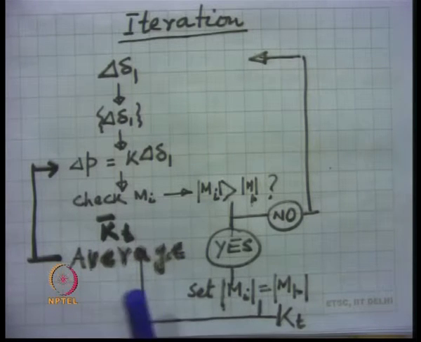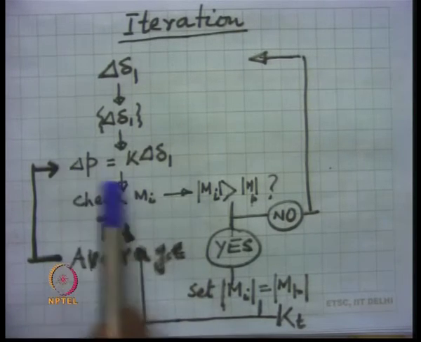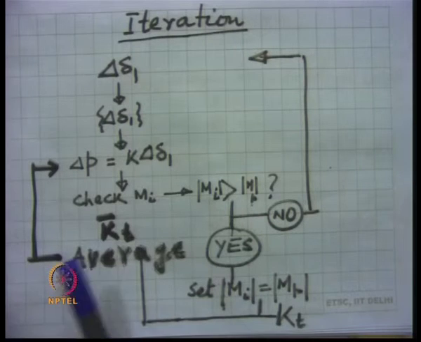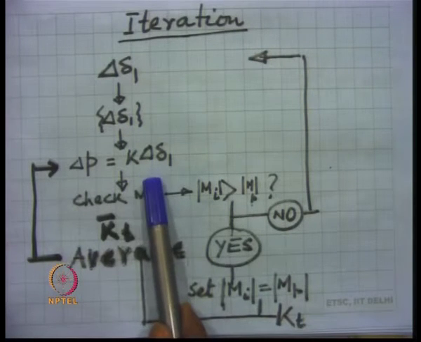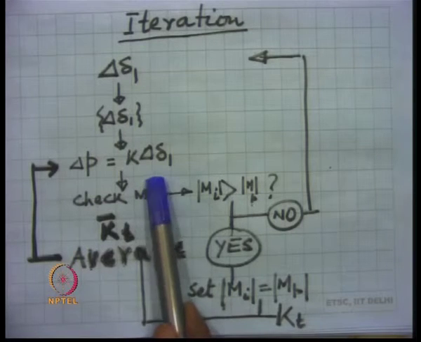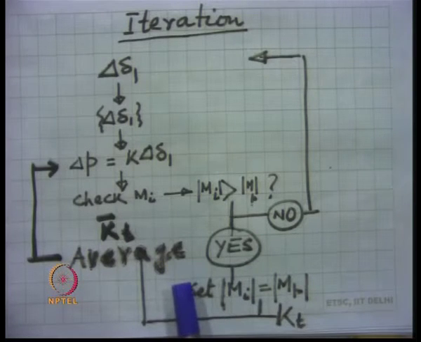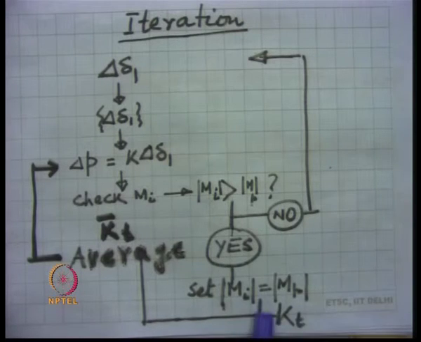So at the end of this calculation we get different values of the delta p vector, and once we have this solution, it is automatically assumed that the cross sections where we have set Mi equal to MP have yielded, and for the next displacement increment we use this value of kT.